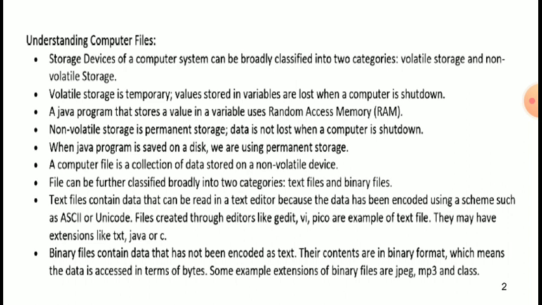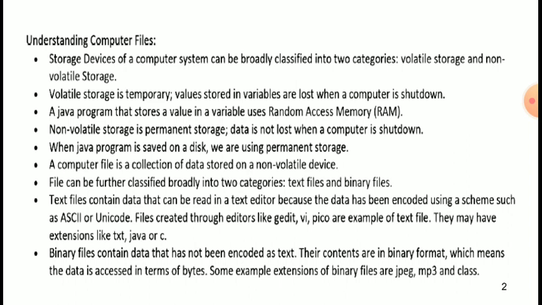Non-volatile storage is permanent storage. Data is not lost when a computer is shut down. When a Java program is saved on a hard disk, we are using permanent storage.